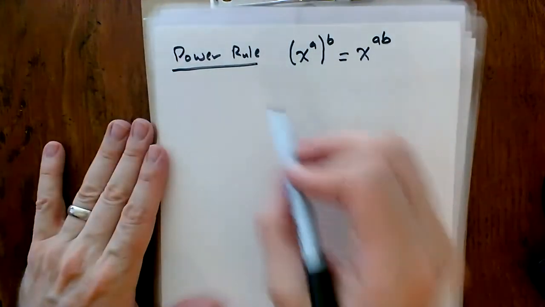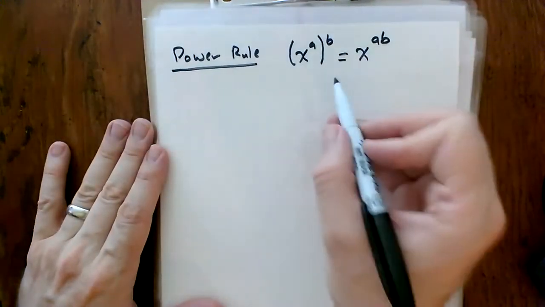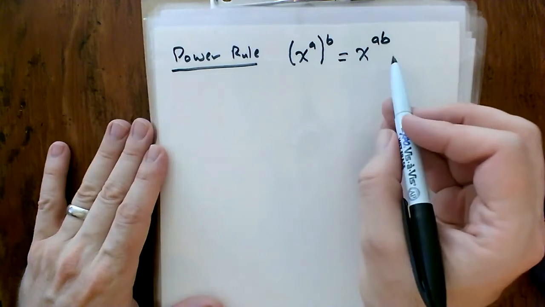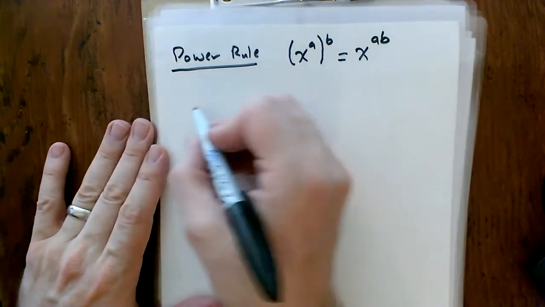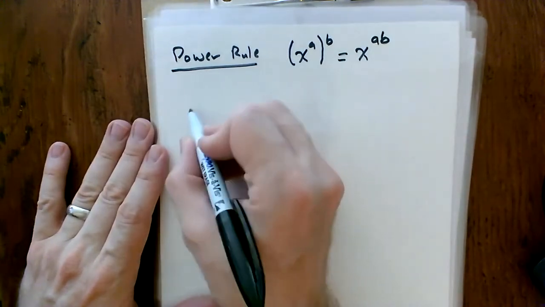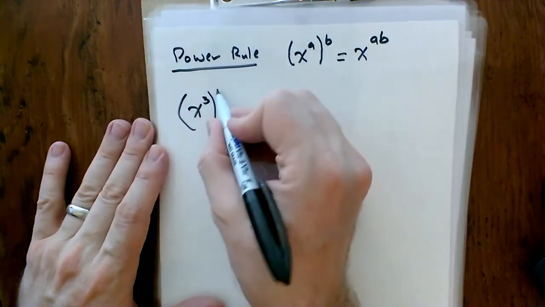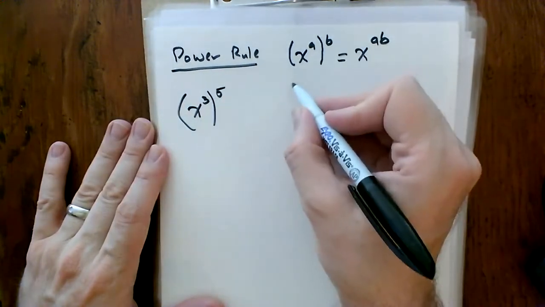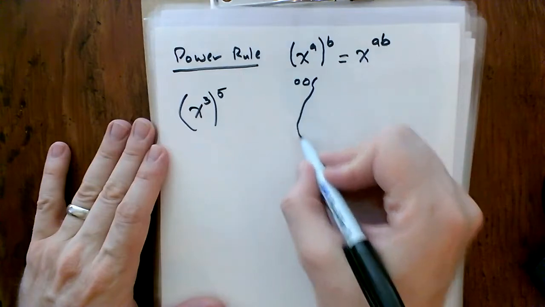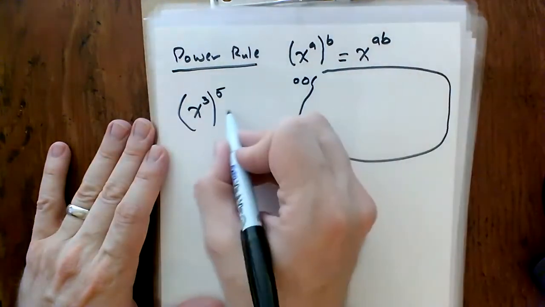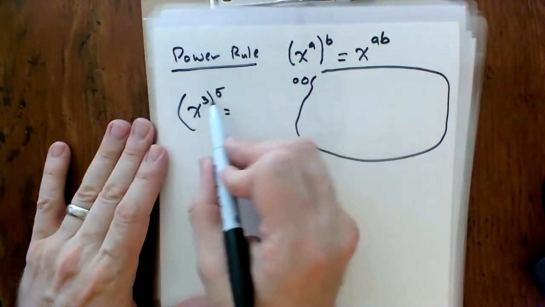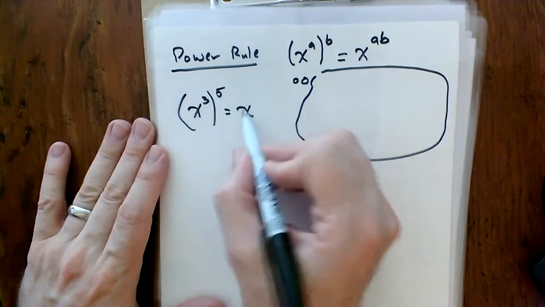And once again, I want to say this is fairly self-explanatory. Remember, multiplication is just repeated addition. So if I've got something like x cubed to the 5th, I can say this is just going to be 3 times 5. This is going to be x to the 15th.